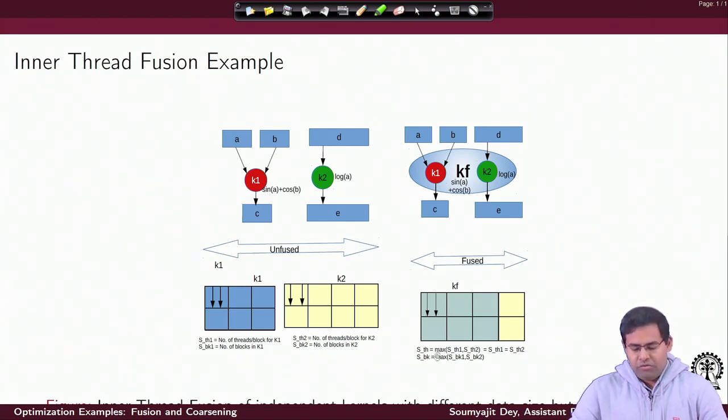Essentially, we defined that for the fused kernel the number of threads would be the max of the original number of threads per block in the original kernels, and the number of blocks should again be the max of the total number of blocks in the two kernels. We made each of the threads launched for the fused kernel perform the activities of both the original kernels.